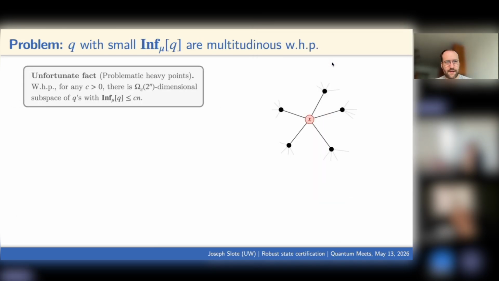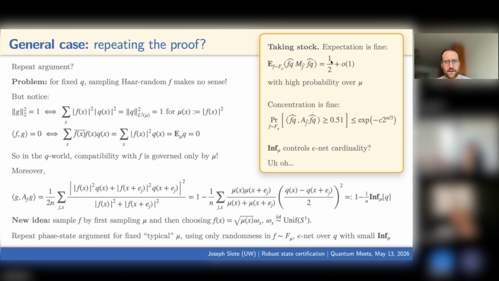The thing that breaks in the general case is this win-win, where we factor out a Q and say either the influence of Q is large, in which case we're done already, or it's small, in which case we can control this epsilon net and make this argument.